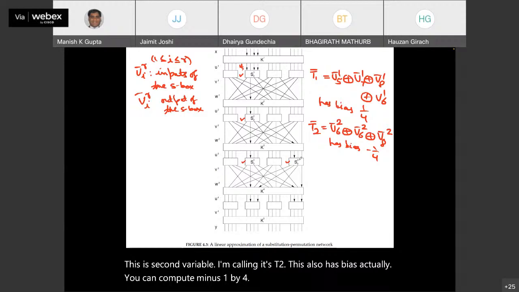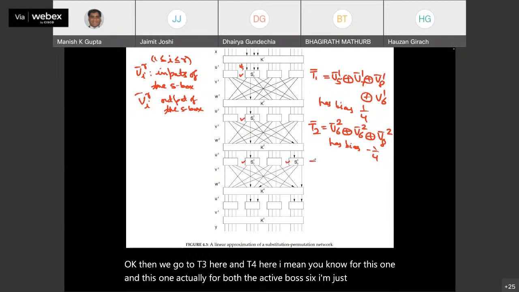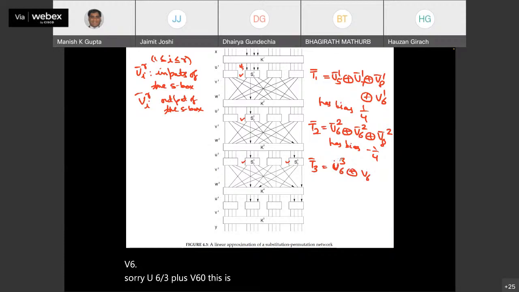Then we go to T3 and T4, for both of the active S boxes. T3 will be U63 plus V63 plus V83, and this also has bias minus 1/4.